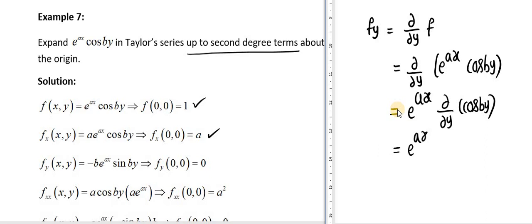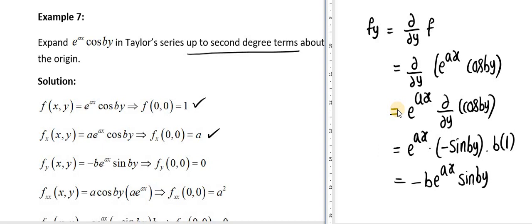E power ax into partial differentiation of cos by, that means minus sin by. By differentiation is b, y differentiation is 1. Why am I putting b like this? Because it is a constant. Finally, f_y is minus b e power ax into sin by.